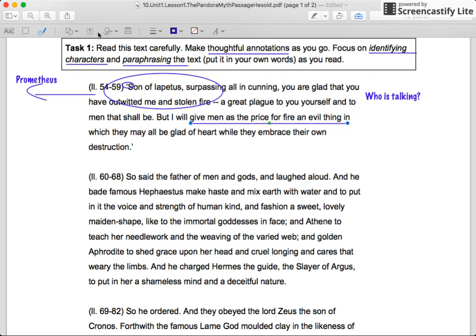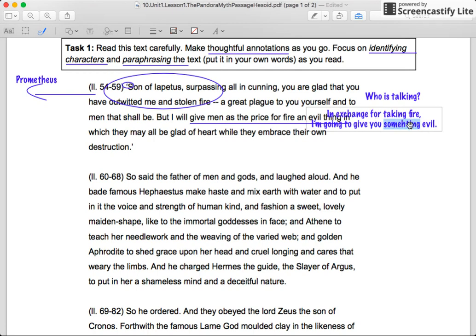So to paraphrase that, I think as a price for fire means kind of like in exchange for taking fire, I'm going to give you something evil, right?